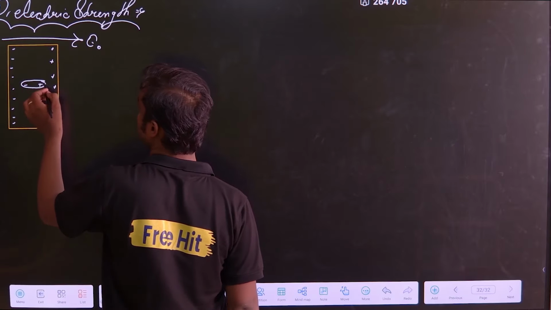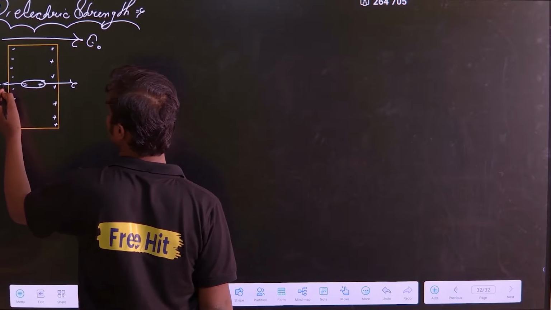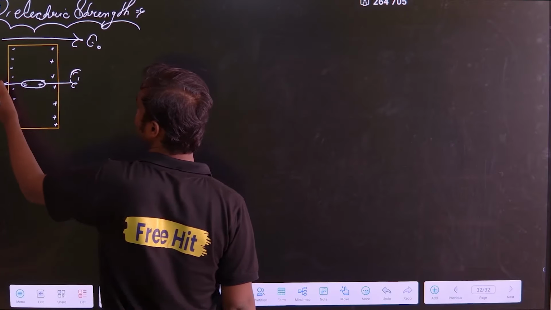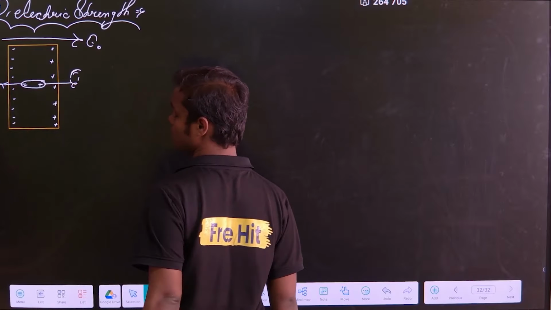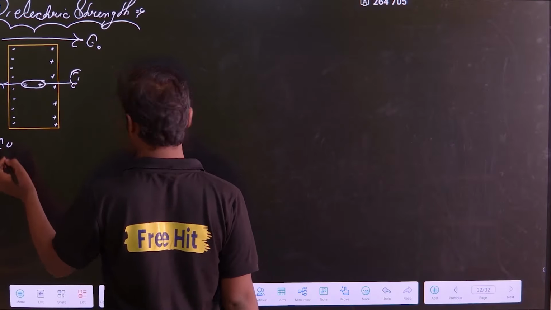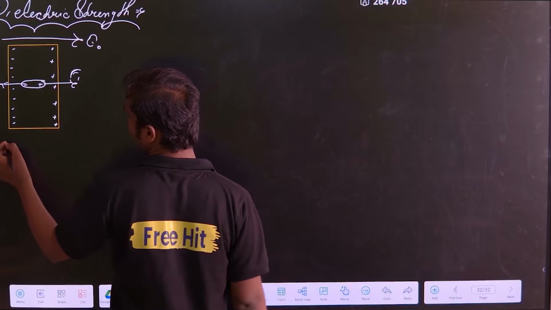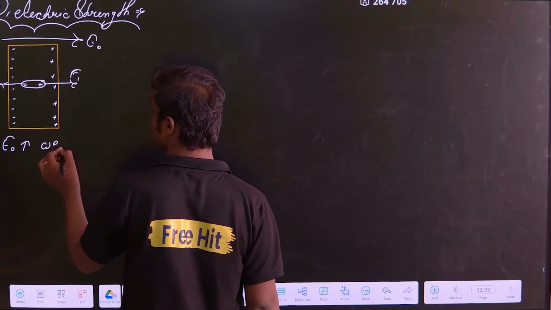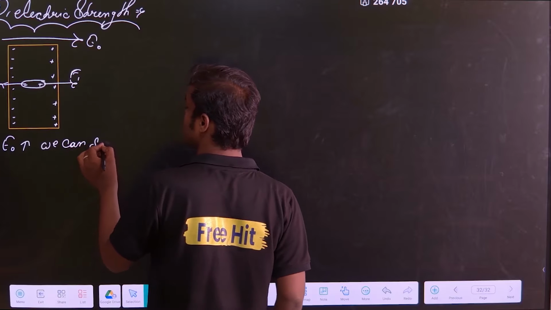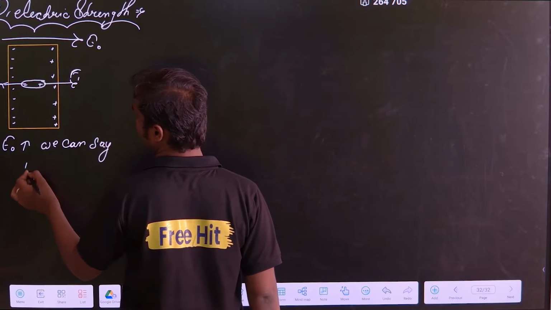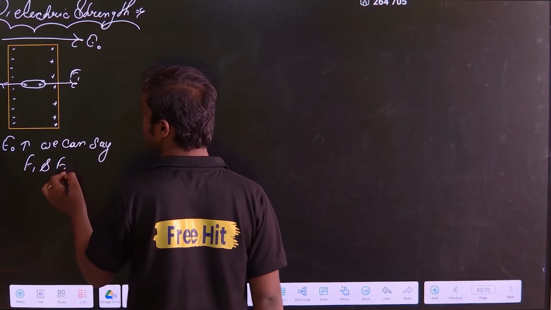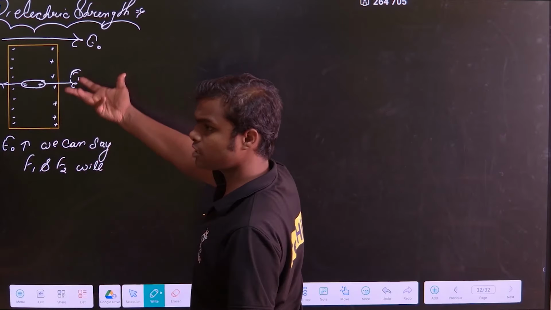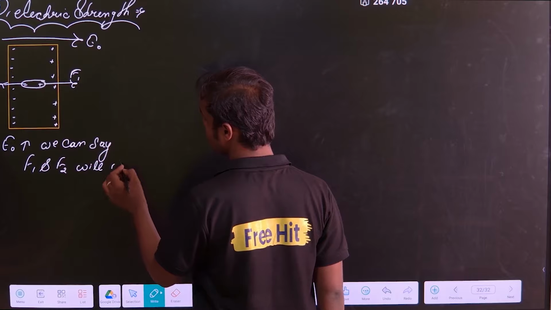So there will be a force on this charge, and on this part there will also be a force. Suppose this force is F1 and this force is F2. As we increase E naught, F1 and F2 will increase, correct or not? Obviously, because the electric field is increasing, the force will also increase.